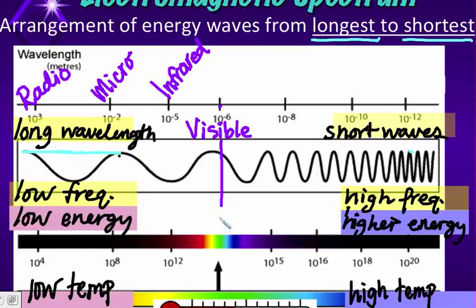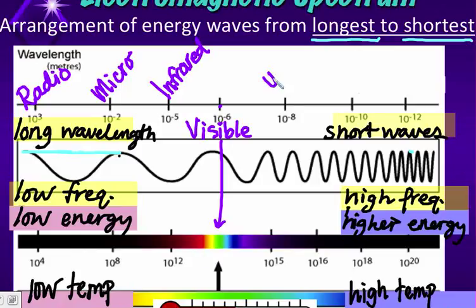And we can see down here, visible light is shown to us in color because we can see that one with our naked eye. These other energies, radio, micro, infrared, I can't see those without some sort of tool, okay? So visible is the only one that we can see on a regular basis, and that's good because that gives us all the colors and awesome things we can look at.